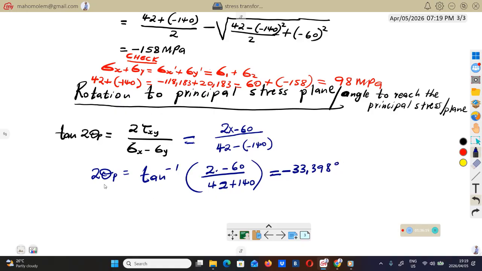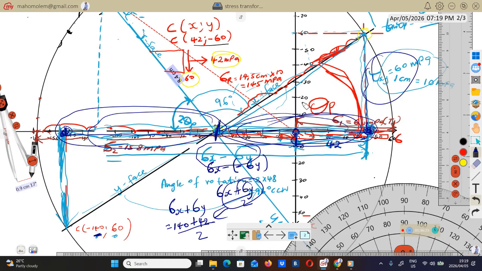So this is 2 theta p, which is this angle here, from here to there. On the Mohr circle, the angle from the element to the Mohr circle is multiplied by 2.